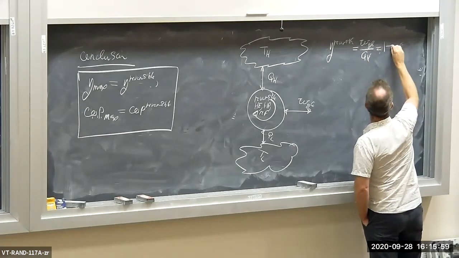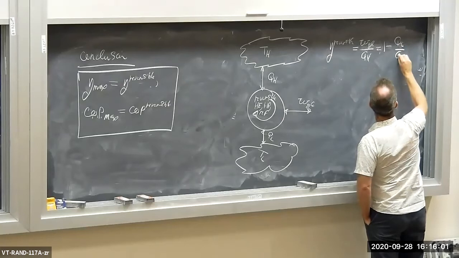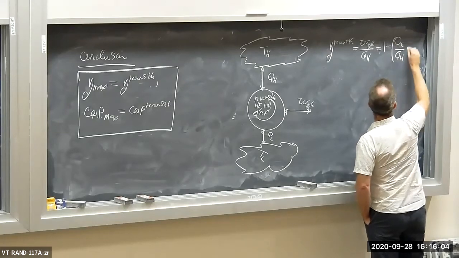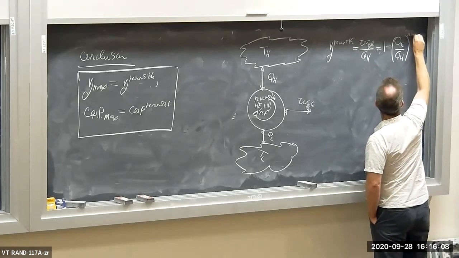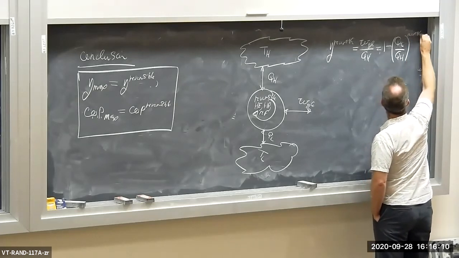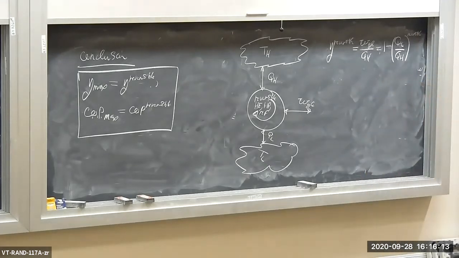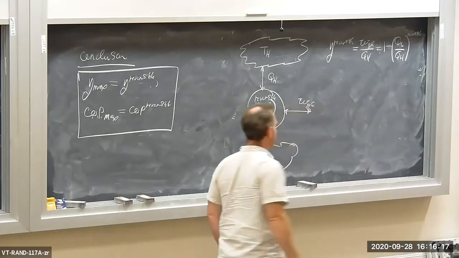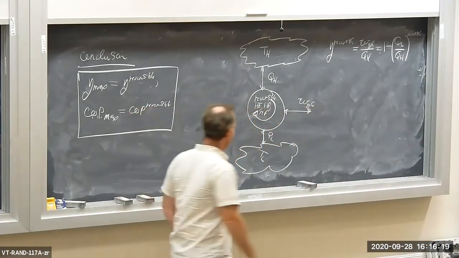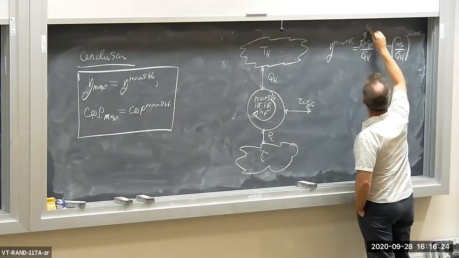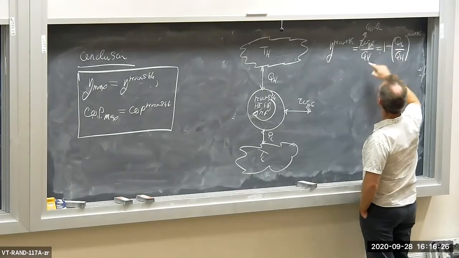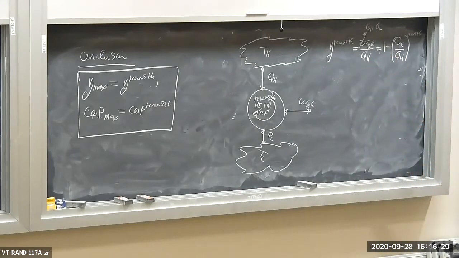So you'll have 1 minus QL over QH. And remember, this is for a reversible device or process. Okay? Again, work cycle is QH minus QL. Okay, do a little cancellation. 1 minus QL over QH.